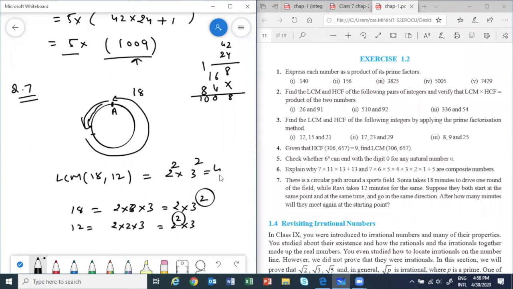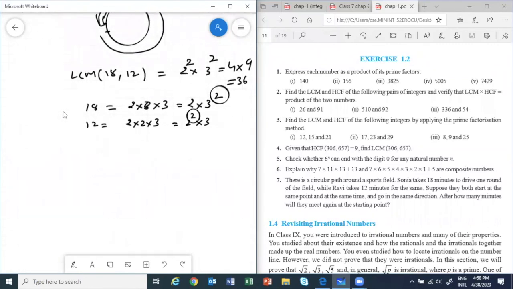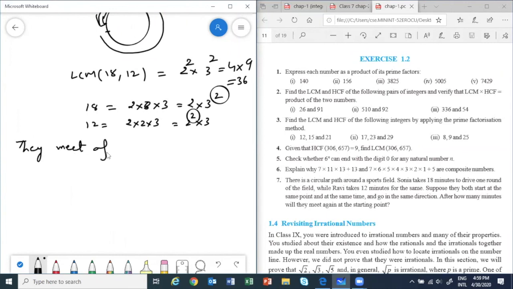So how much? 4 into 9, 36. That means after 36 minutes, both of them are going to meet. So Ravi and Sonia will meet after 36 minutes. Any doubt?